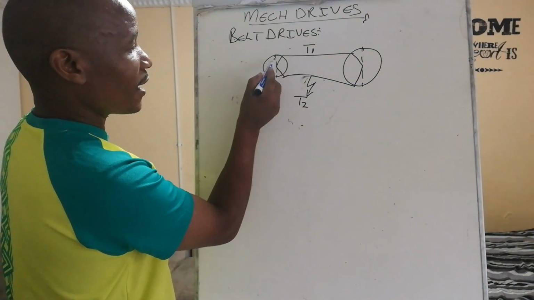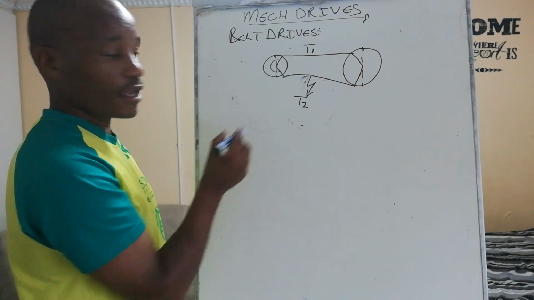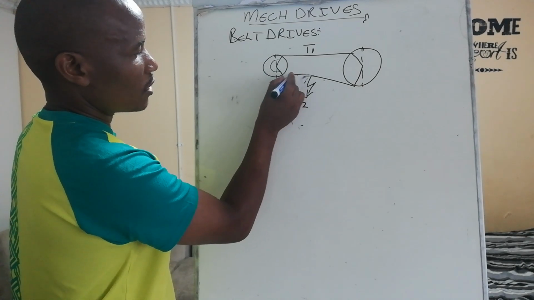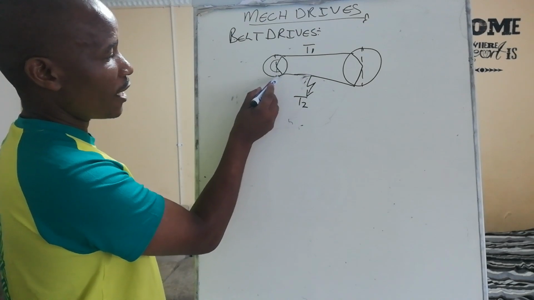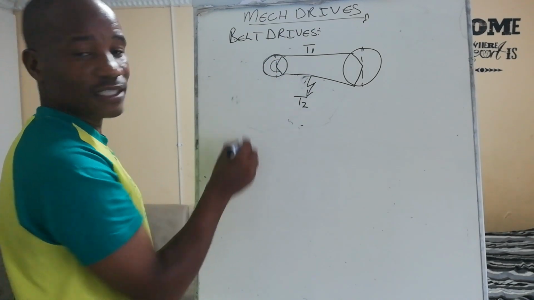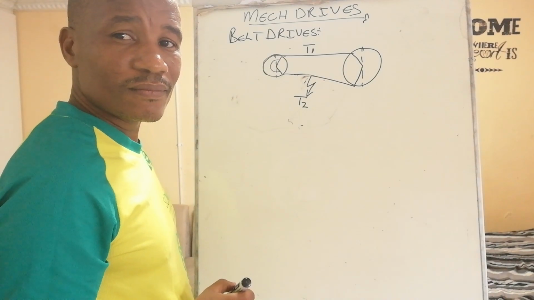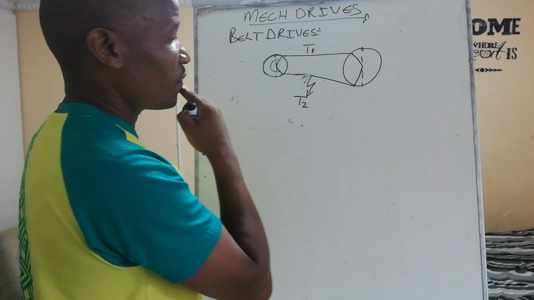And this angle here, where the belt enters and where it exits, we call the angle of contact. And this is the arc of contact.